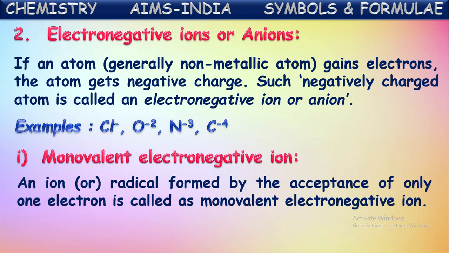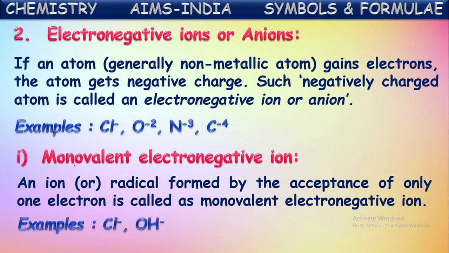So the definition: an ion or radical which is formed by the acceptance of only one electron is called monovalent electronegative ion. For example, Cl-, F-, OH-, etc. These all are carrying one unit negative charge and hence they are called monovalent electronegative ions.